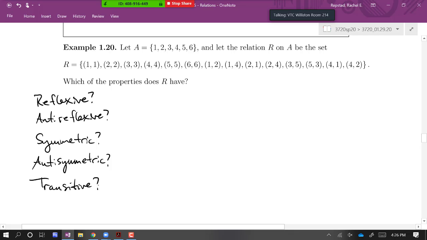Okay. Is it reflexive? And what are we looking for?